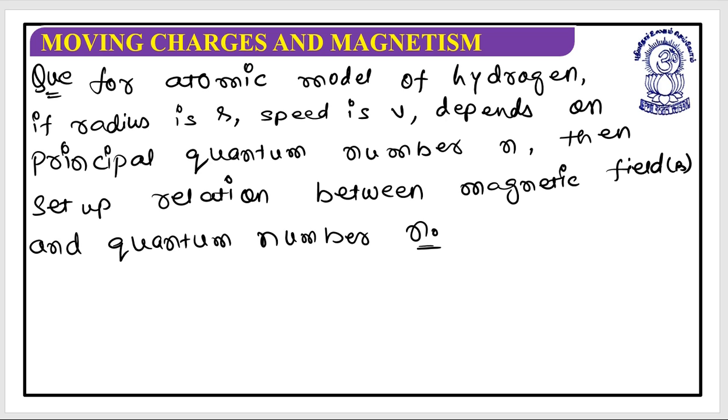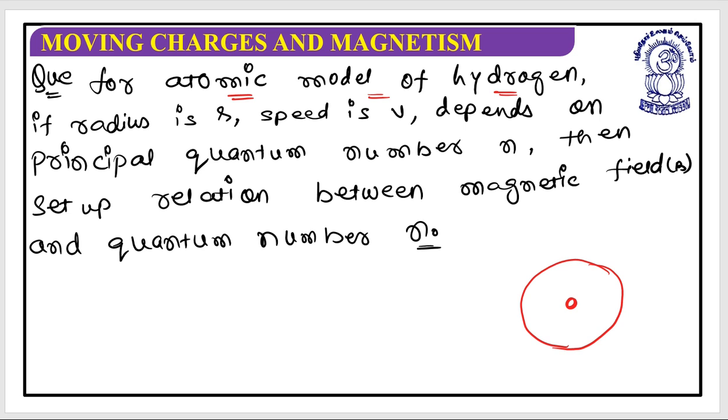Do this. So what do they require? They require that the atomic model of, let's suppose, hydrogen is given. First, what is the atomic model of the hydrogen atom? Let's suppose a circular path would be there.